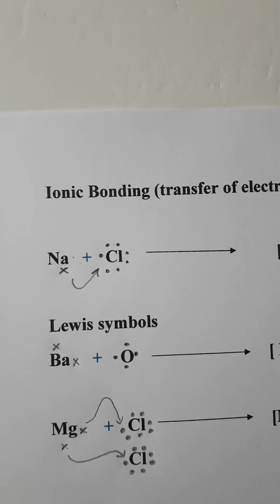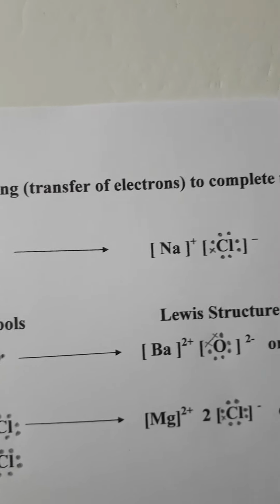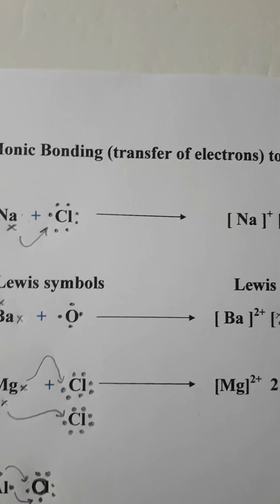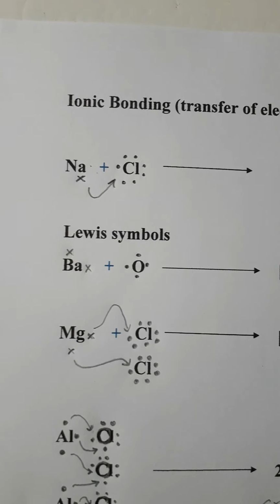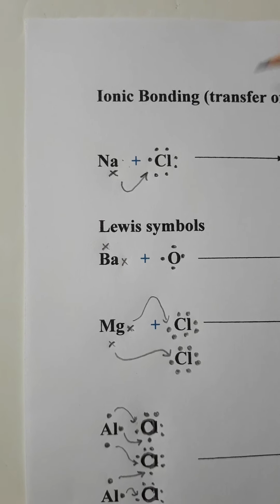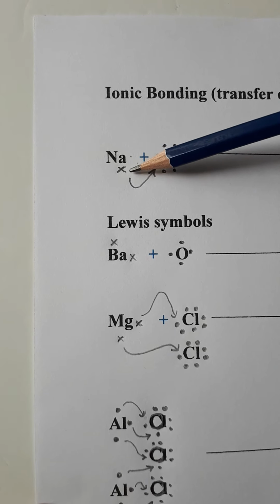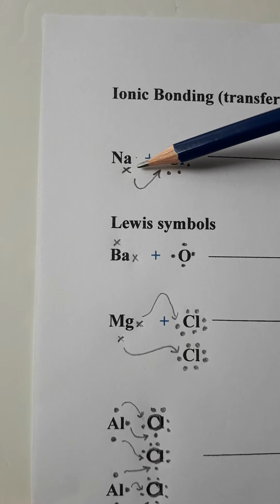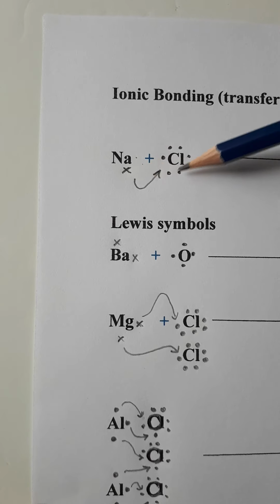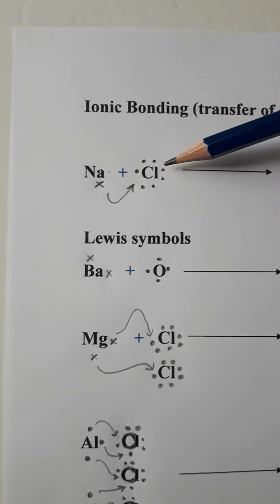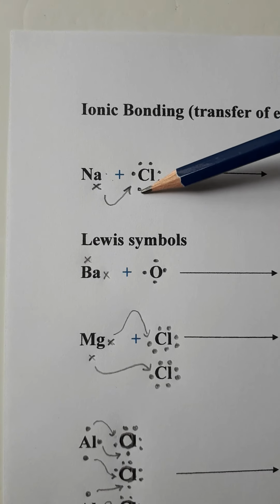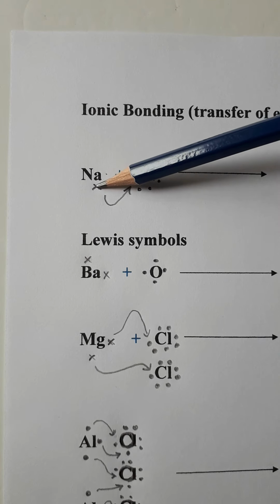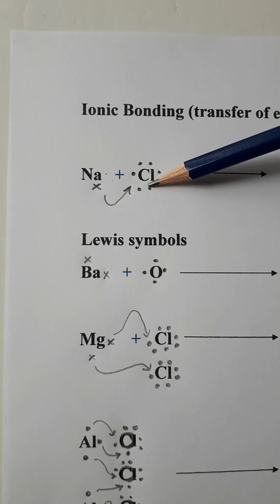Ionic bonding, transfer of electrons to complete the octet. So using Lewis symbols, these are called Lewis symbols. So sodium has 1 electron. Here I have put a cross to represent the electron, to distinguish between the electrons of sodium and chlorine. So you can see chlorine here, 1, 2, 3, 4, 5, 6. And I wanted to keep this place empty because sodium is giving an electron to the chlorine atom.